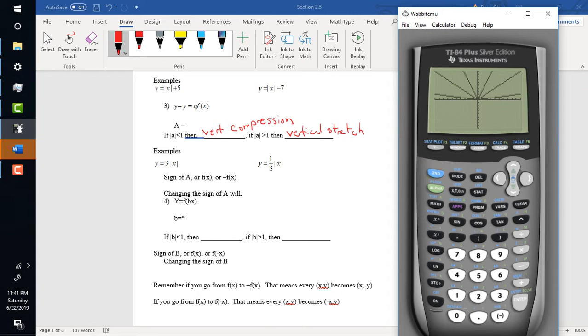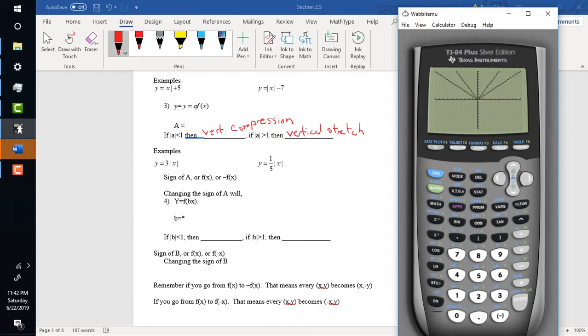Now, if I multiply inside, so if I look at part 4, let's say I do 2x. What does it do horizontally? Here b is greater than 1.